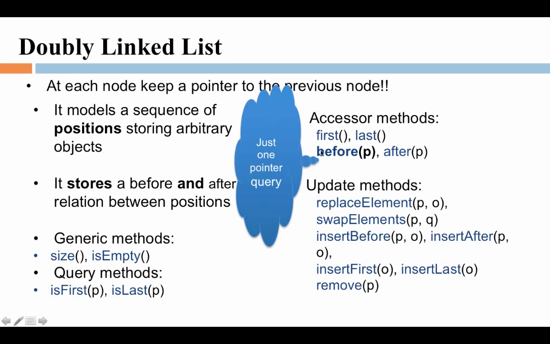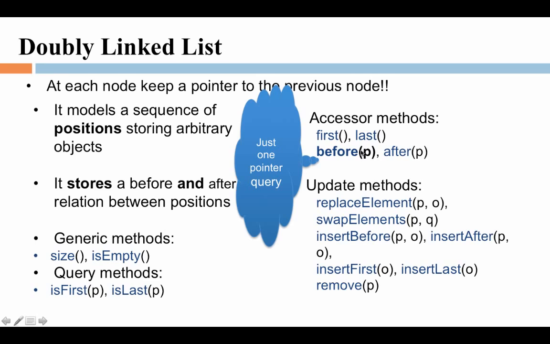In particular, let us take the case of before of p. Recall that before of p takes a position and a list as arguments, and returns a pointer to the element which is before p in the given list. Earlier, in the list implementation, this function would traverse the whole list and find the predecessor of position p. But in the doubly linked list implementation, it is just one pointer query.